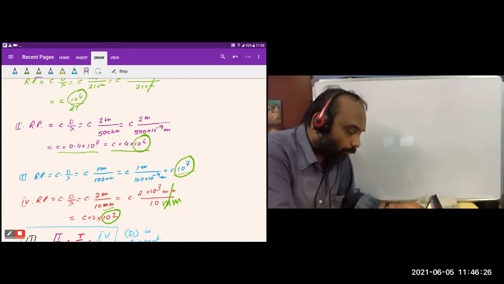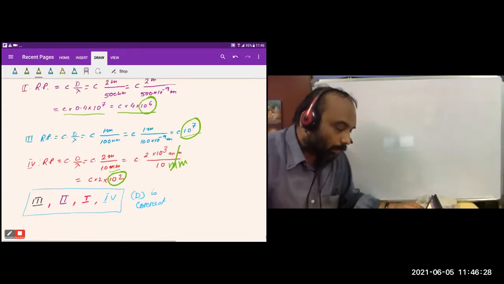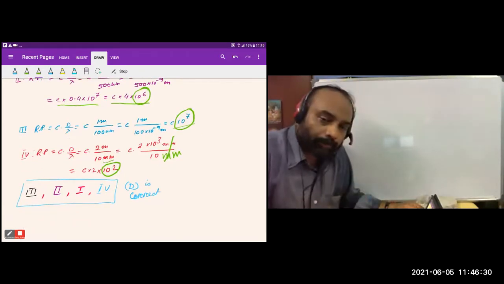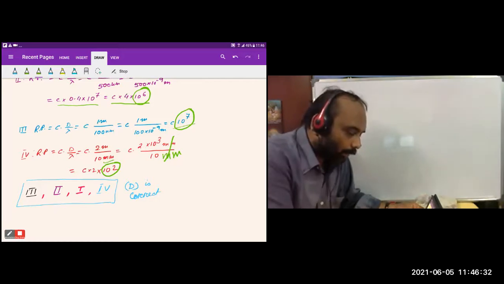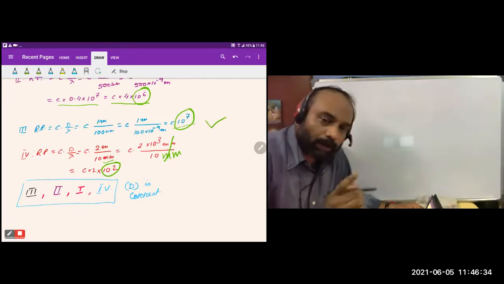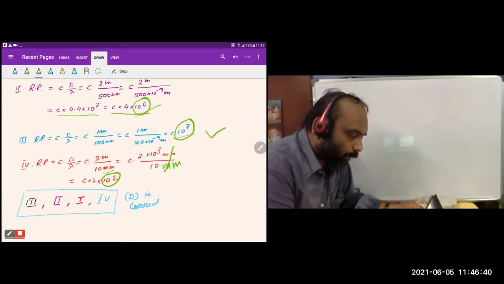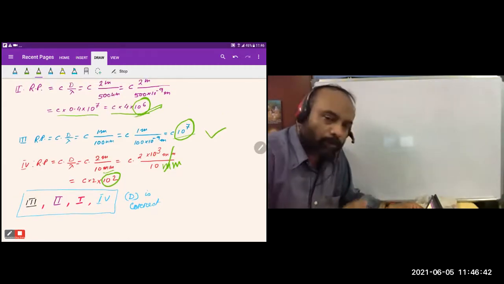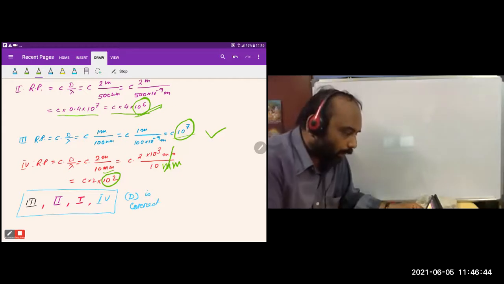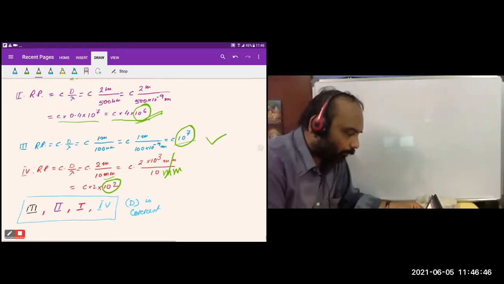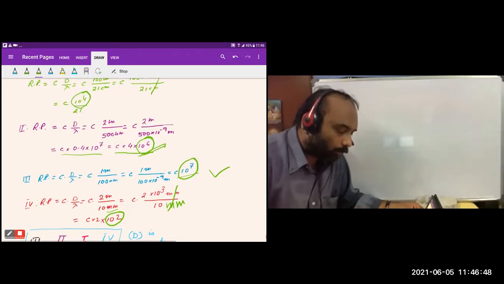So which one has the highest resolving power? Naturally the 10 to the power 7 one, which is telescope 3. Then number 2, 10 to the power 6, that corresponds to telescope 2. Then number 1, which is 10 to the power 4.